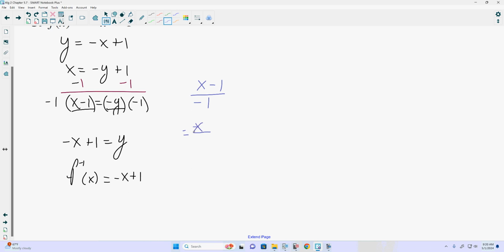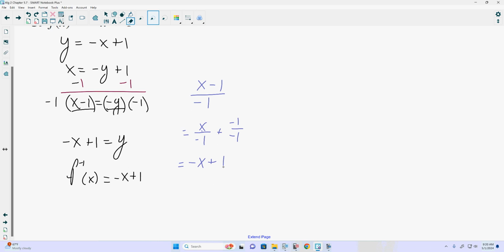That's the same as x over negative 1 minus 1 over negative 1, or we can say plus negative 1 over negative 1. Same thing. Because our x over negative 1 is just negative x. Negative 1 divided by negative 1 is 1. We get the same thing, we just have to reduce.